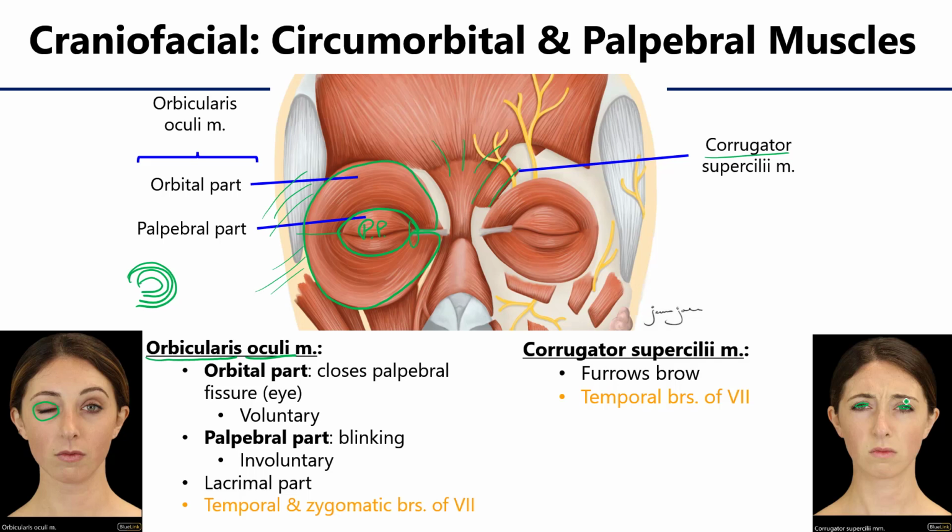So this is thought of as an action that people use in very bright light, so as to limit the light exposure to their eyes. It's also something that we might use to express skepticism or annoyance with an individual. Corrugator supercilii are innervated by temporal branches of the facial nerve.